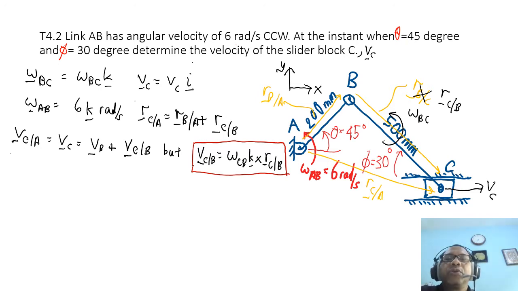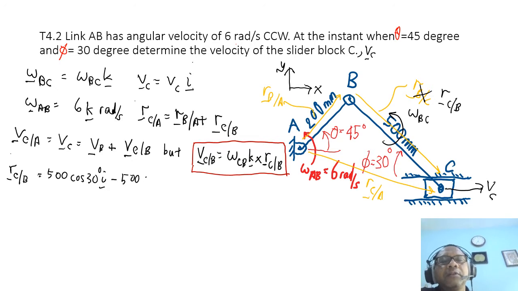What else do we know? We now need the position vector C relative to B. So let's write down position vector C relative to B. It is 500 cos 30 degrees to the right, so I positive, and it's below B, so it's minus 500 sine 30 degrees J. And what about B relative to A?